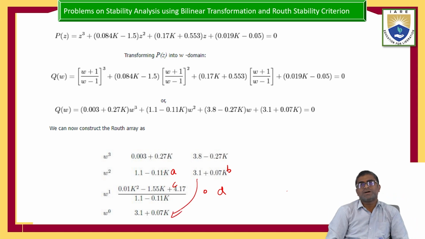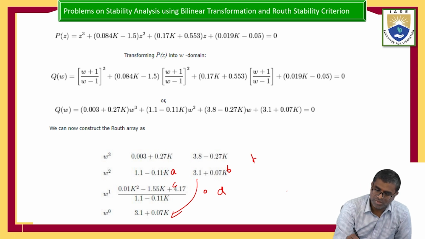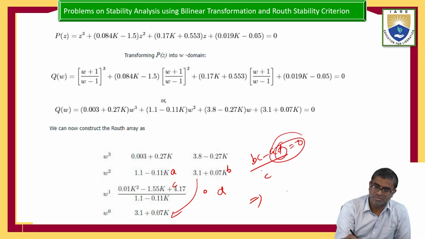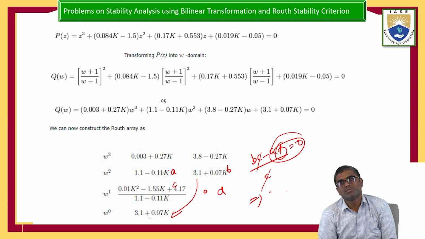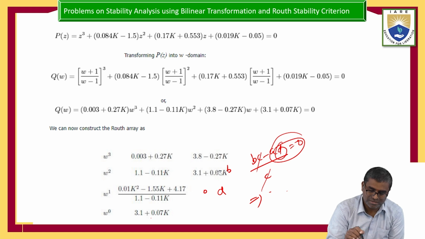B value: 3.1 into 0.07k. Okay. AD value is 0 now, so only BC is there. After that C cancels, only B value is coming. That is this value. Okay. Completed. RH criteria is completed.